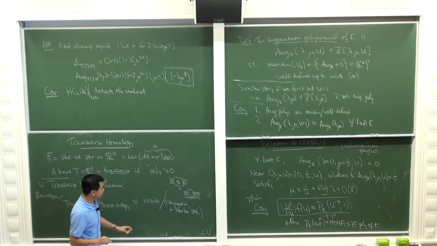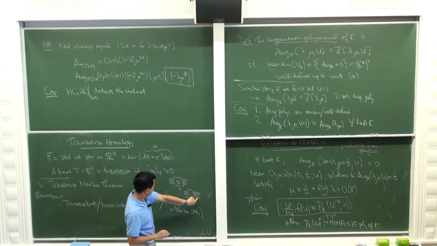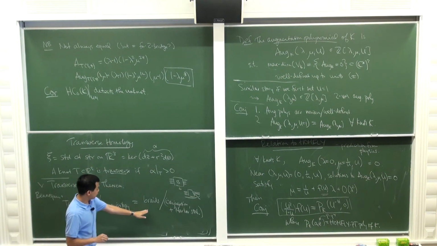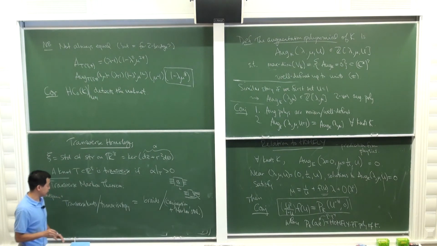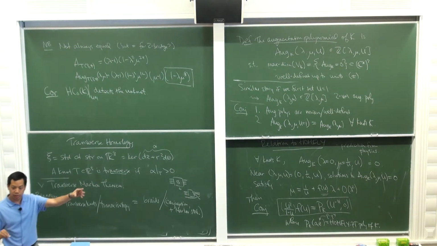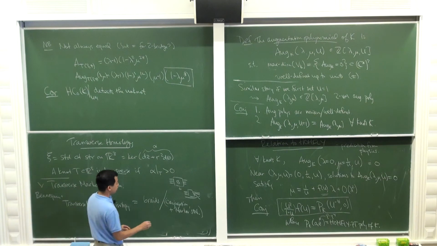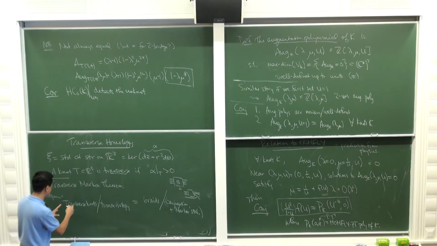If I allow for negative Markov stabilization also, which is the same thing but with the opposite crossing, then braids modulo conjugation of that is just topological knots. So now I'm restricting what I'm allowed to do to these braids, and this gives me, instead of topological knots, transverse knots.